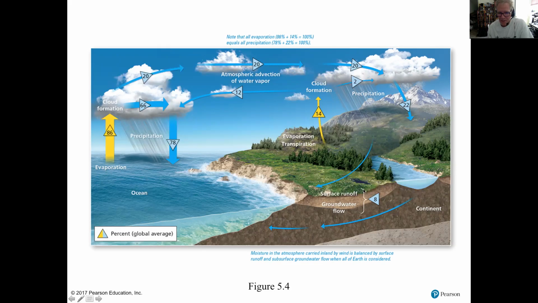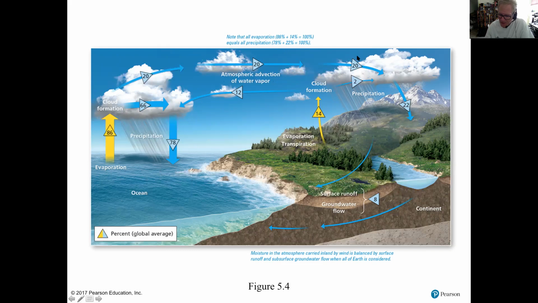The remaining 8% runs off, goes right back into the ocean, or comes back down as groundwater. And so that makes 100% of the whole cycle, and it just keeps going on and on. That's the hydrologic cycle. Evaporation, precipitation, runoff back to the ocean, and just going on and on.